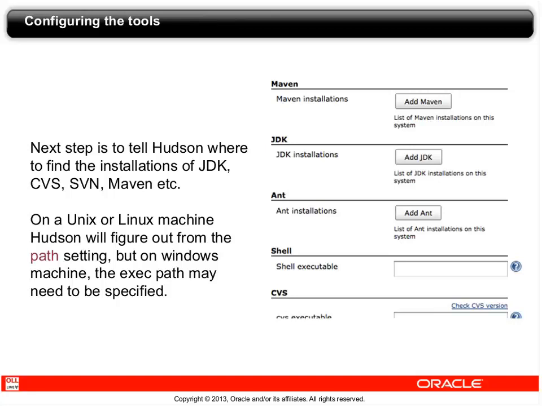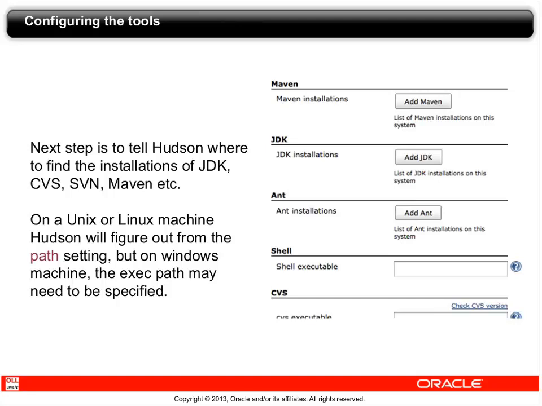Once you are done with security, the next thing you have to do is go and set up the tools, because you might want to use Maven or JDK or different types of tools. Hudson does not know where all these tools are, so you have to go and specify where the tools are.